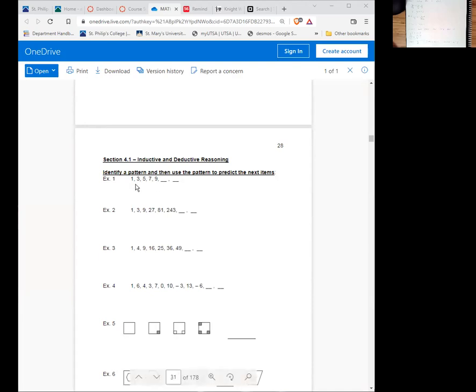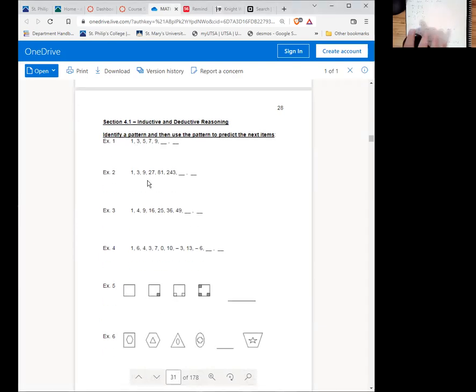Okay. This is 4.1, inductive and deductive reasoning.